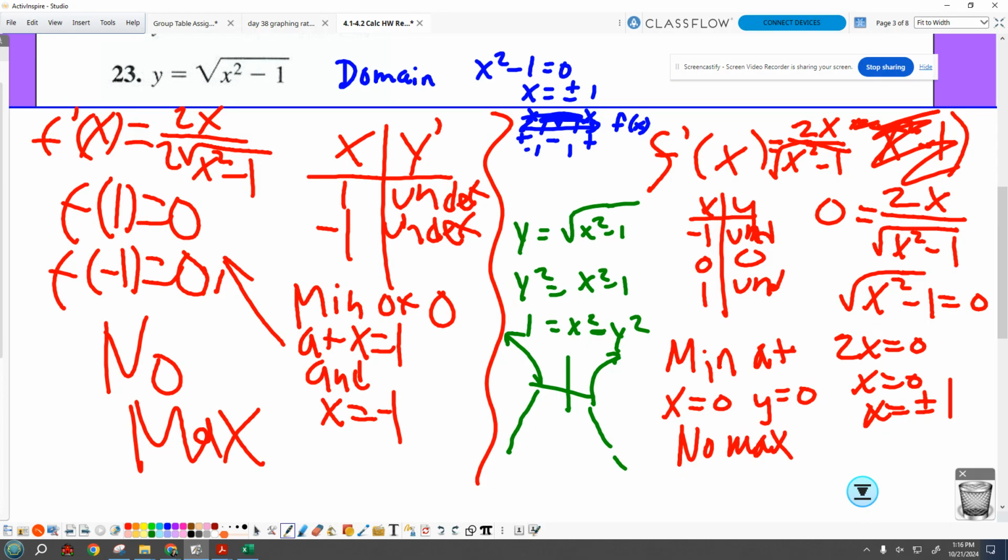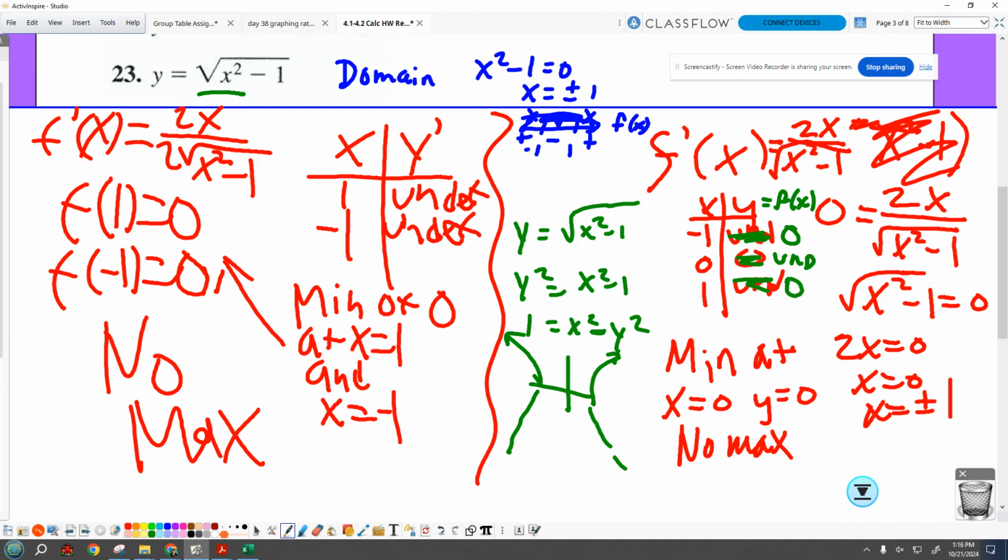Is the function undefined at 1? No, I can plug 1 in. When I plug 1 into the function, I get 0. When I plug 0 in, I get the square root of -1, which is imaginary, and I don't have to deal with that in here.